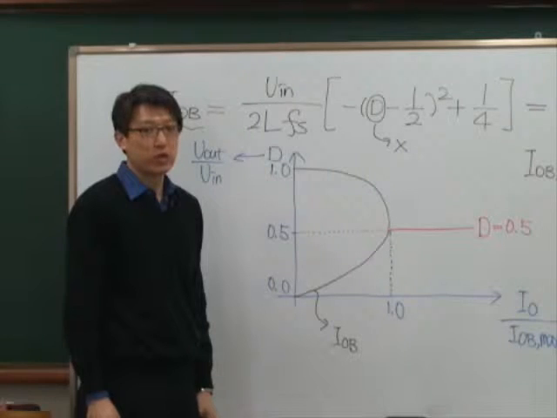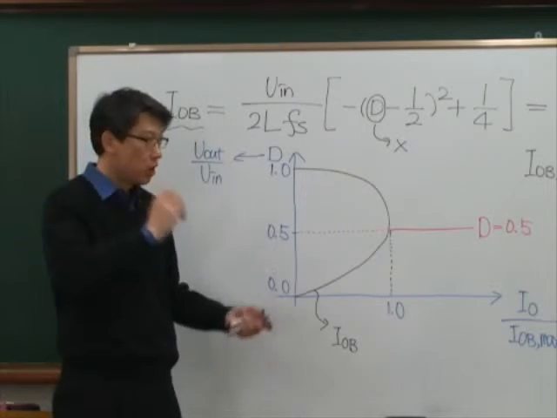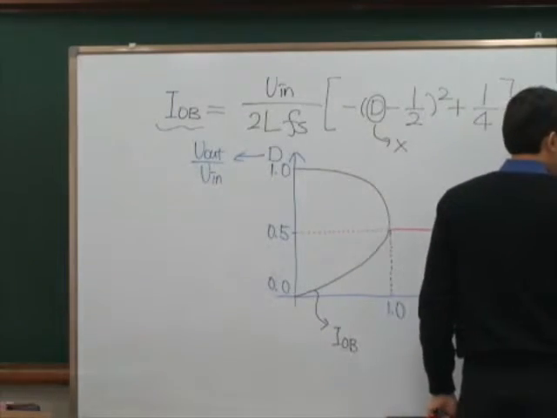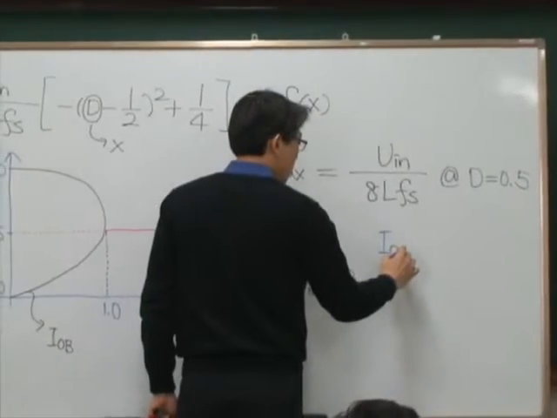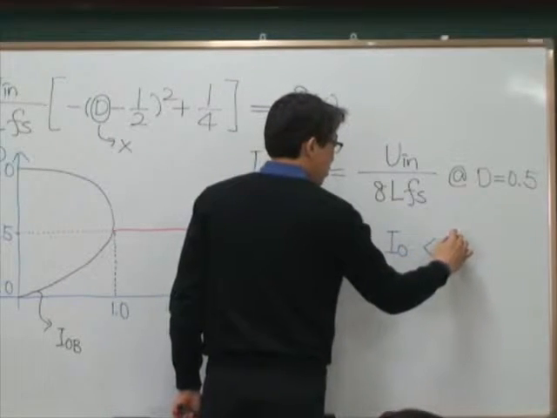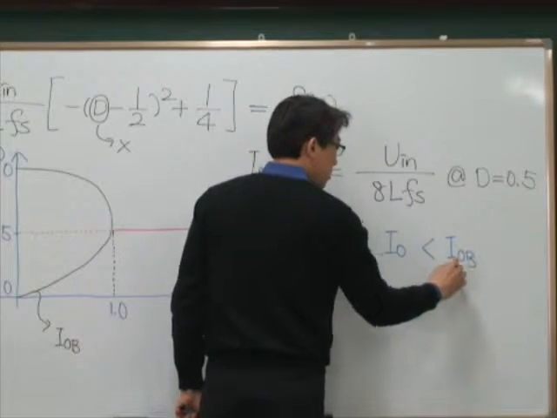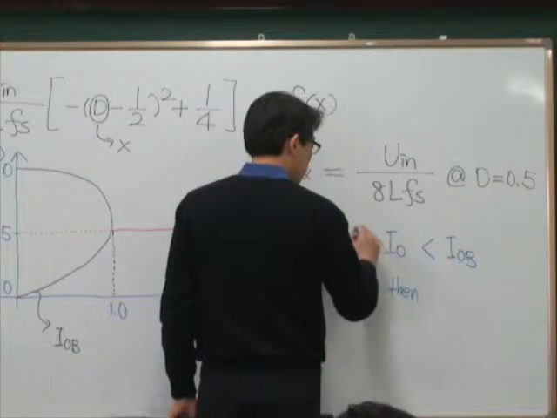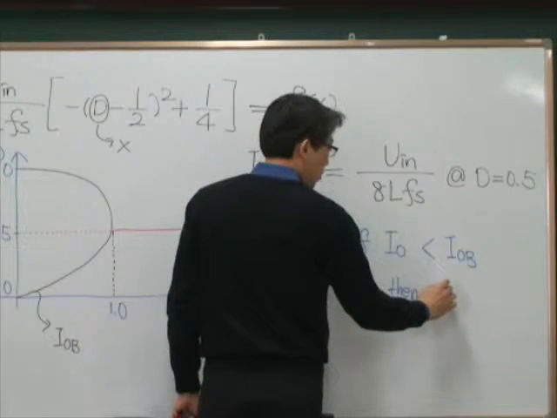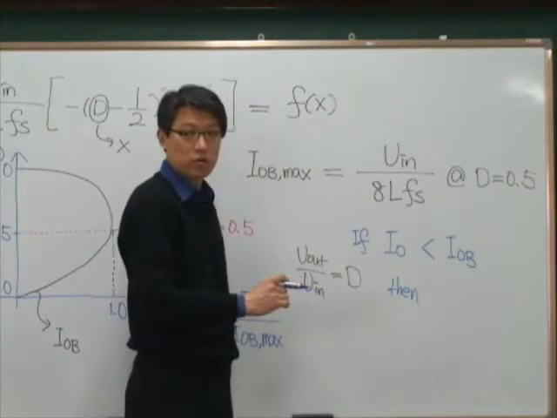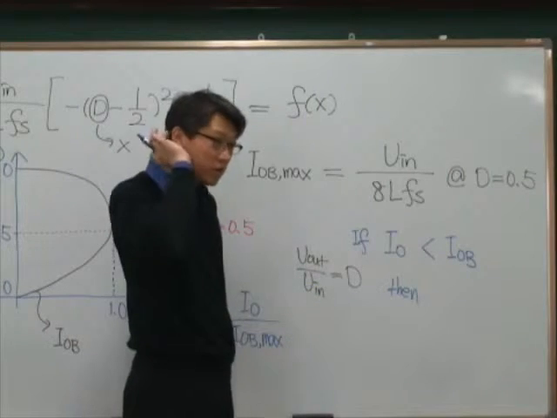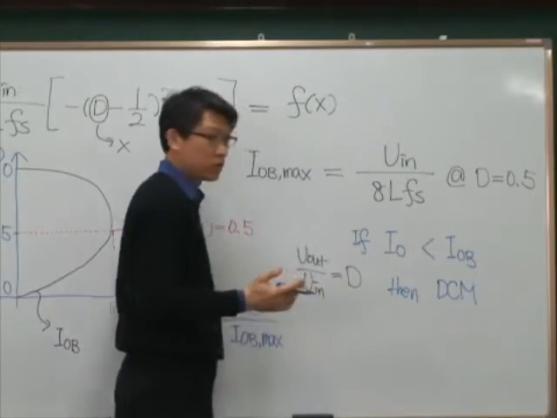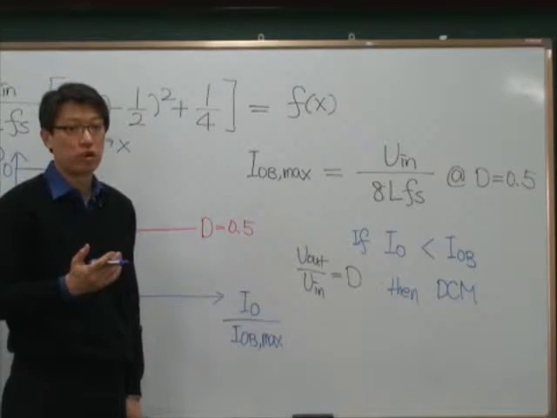What does it mean when we are entering discontinuous conduction mode? If you look up your note, when I/O is smaller than IOB, then we go into what? We go into DCM or CCM? Huh? DCM, right? When we have a light load, meaning low load. 경부하, light load.